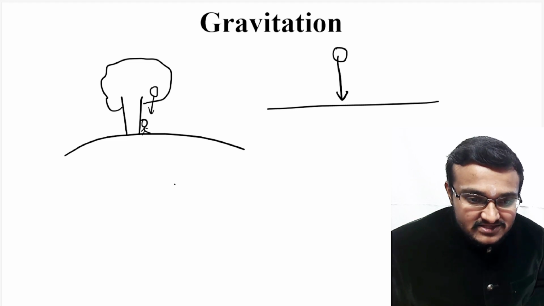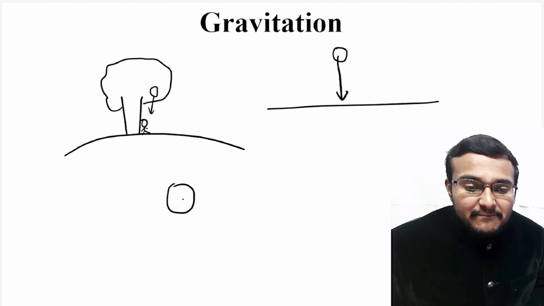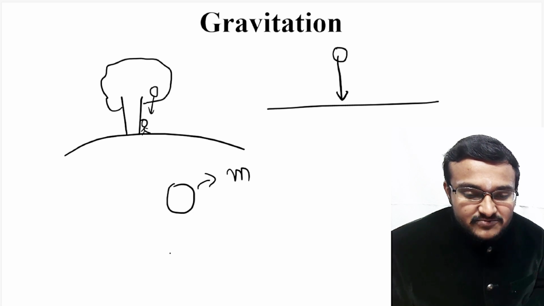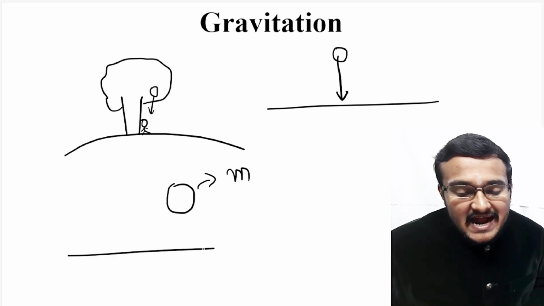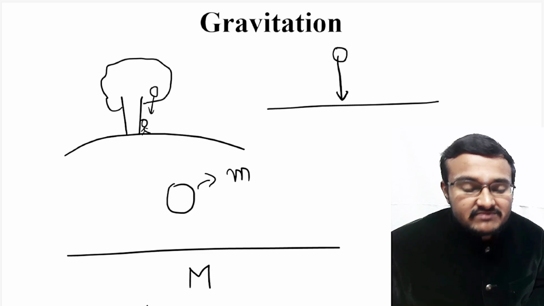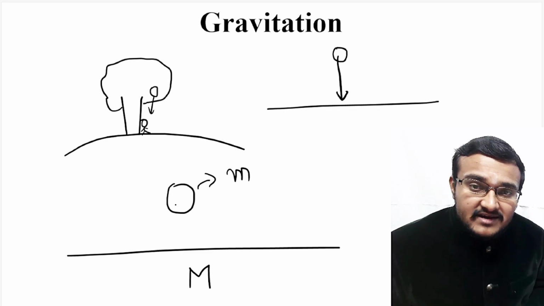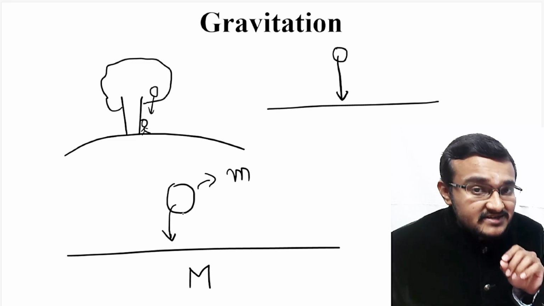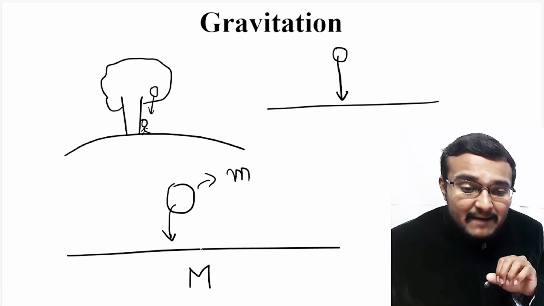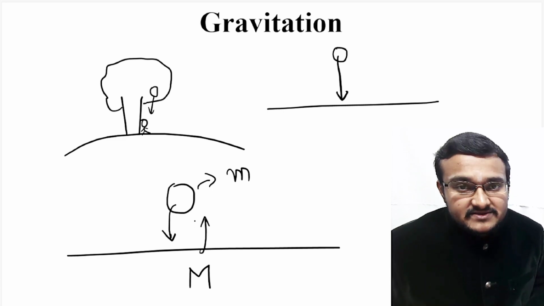Now you can ask a question: the apple also has certain mass. If this is the apple, it has a certain mass m, and if you consider this as the earth's surface, earth also has a certain mass, capital M. So instead of earth attracting the apple, since the apple also has a certain amount of force because it also has mass, the apple could have also attracted earth.